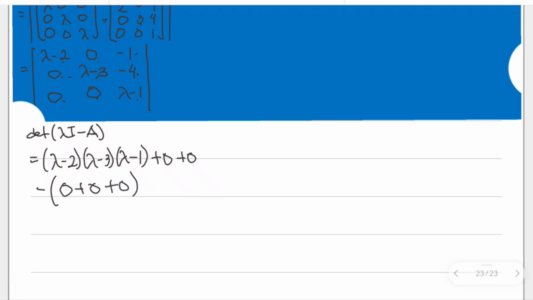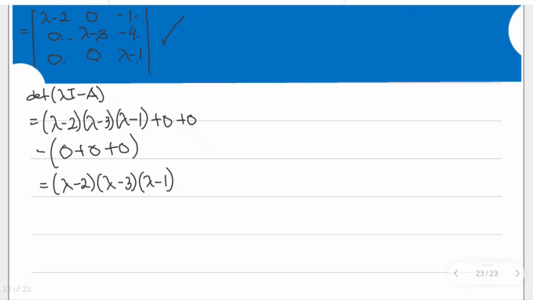In short, the determinant for this expression is the product of lambda minus 2, lambda minus 3, and lambda minus 1. Of course, if we multiply this out, this is your characteristic polynomial. But since the goal of the characteristic polynomial and equation is to solve for lambda, let's just stick with this.